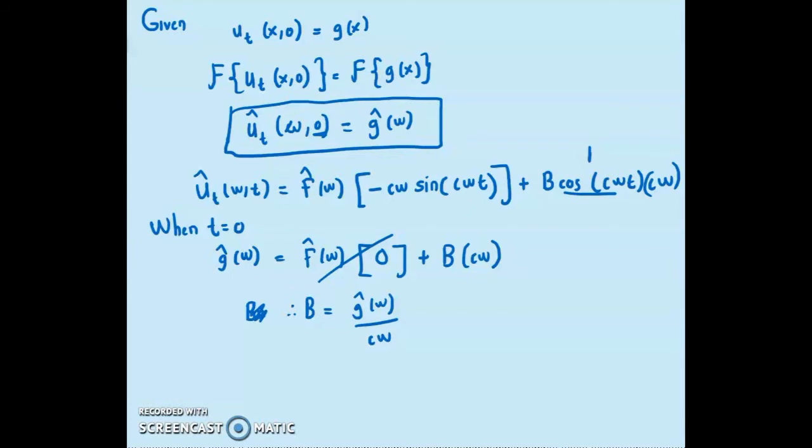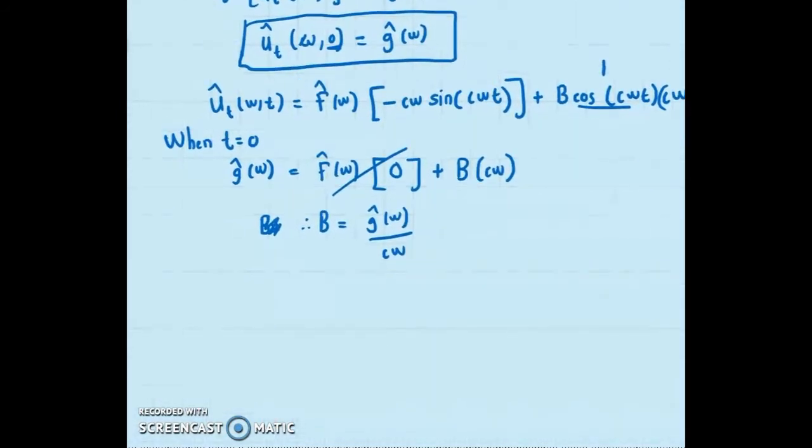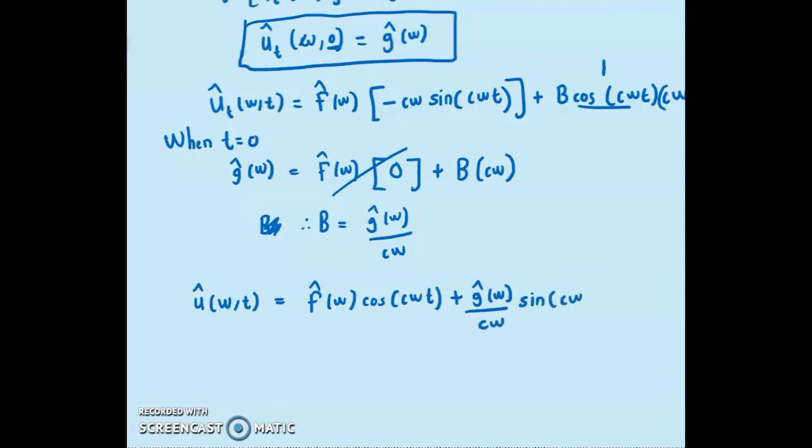Okay, sounds good. So now our new equation will be w hat omega t equals f hat omega cos c omega t plus b, which is g hat omega over c omega, sine c omega t.